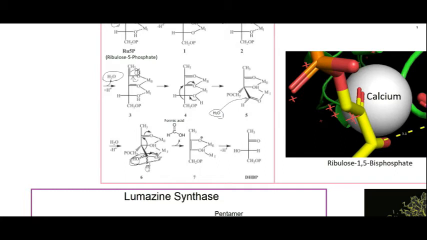So this moiety right here is being released as the formic acid, and so we end up with this 4-carbon species here. And so this is then released. Well, it actually goes through another enediol transformation where these electrons move down here, and then the electrons from this double bond can pick up another hydrogen. That's why it's showing this plus H plus here, and then we end up with our DHBP right here.